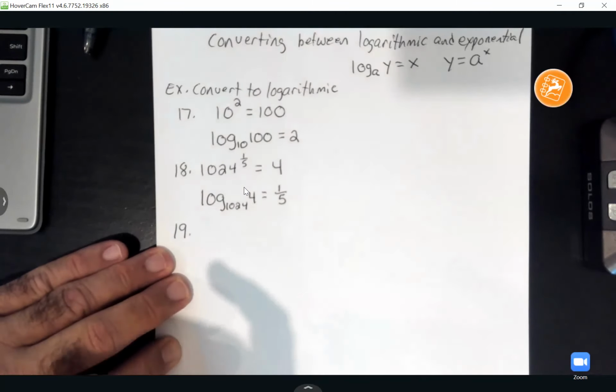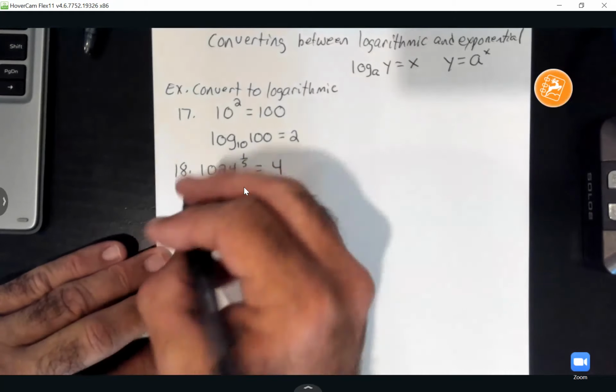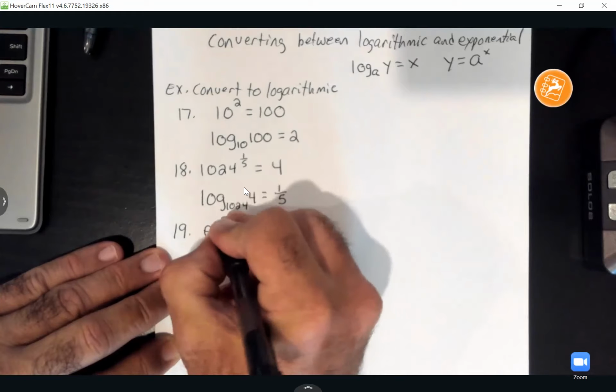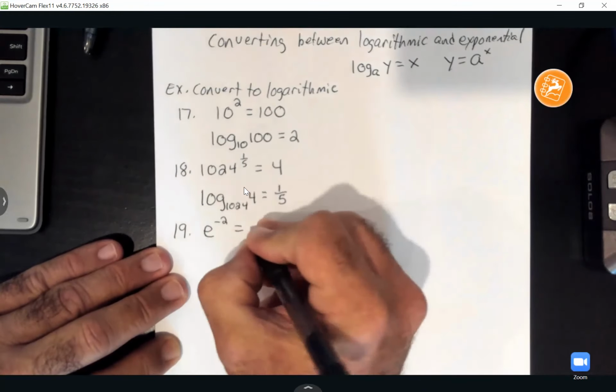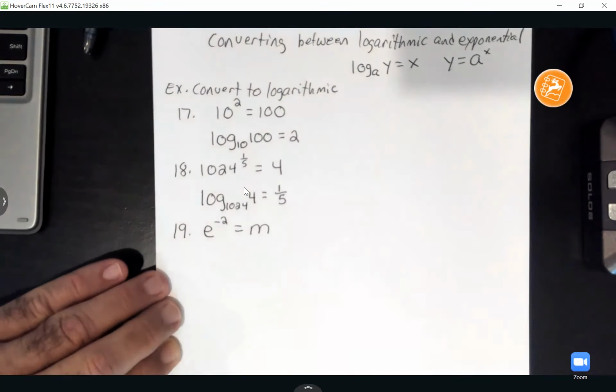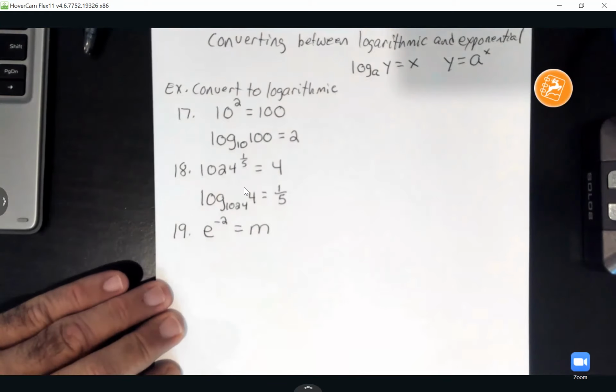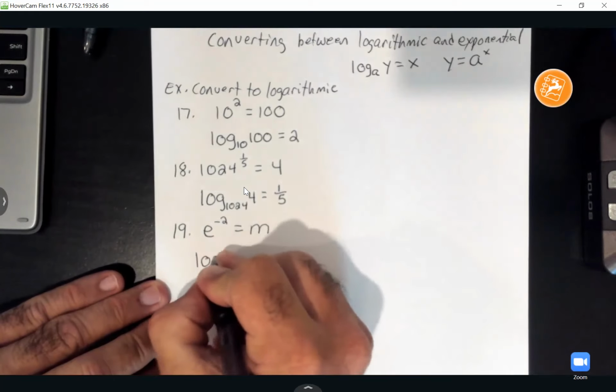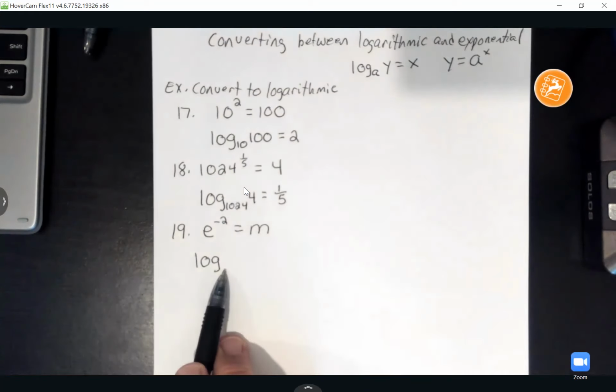All right, so let's see what we got here. E to the -2 equals m. All right, so I'm gonna bring down my log. First, I need my base.